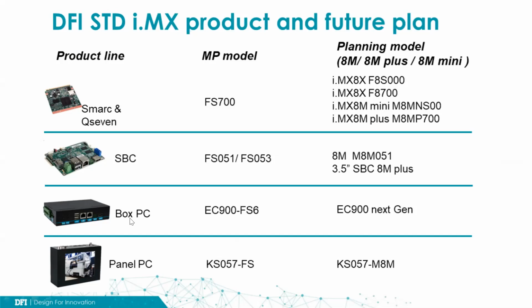And for the Box PC or panel PCs, we all have reference products over here. In our trend models, we will focus more on the i.MX8 and 8 Mini. Lots of the trends are already in our product planning, so you can foresee that i.MX8M products will come in the DFI product roadmap.